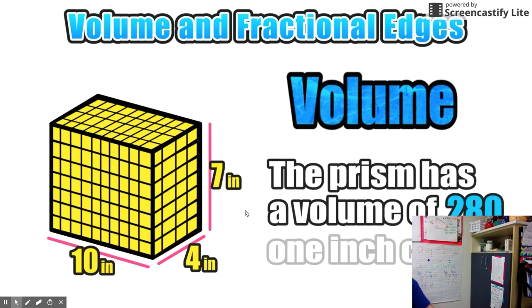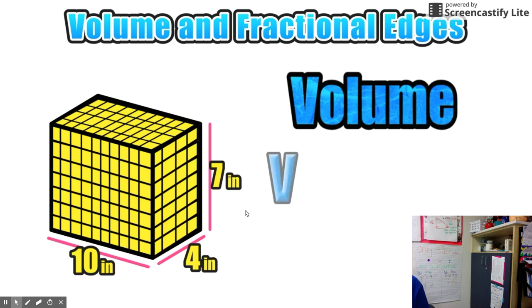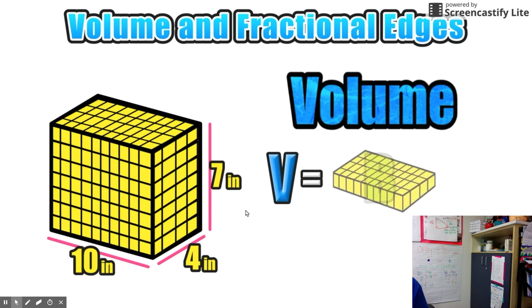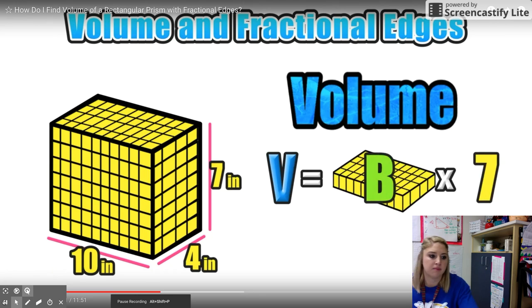So now we can conclude that the prism has a volume of 280 1 inch cubes, or 280 cubic inches. So now let's go back to thinking about some of those general rules that apply to finding the volume of a rectangular prism. So in that last example, we found volume by first figuring out the number of cubes in the base layer and then multiplying that value by 7, which represented the height of the figure.